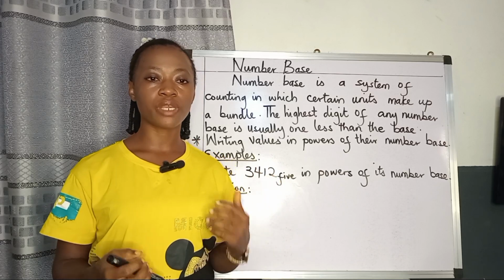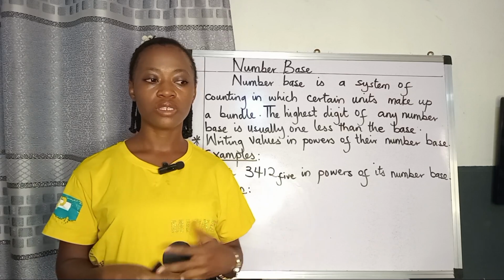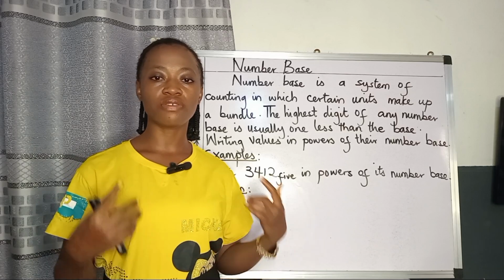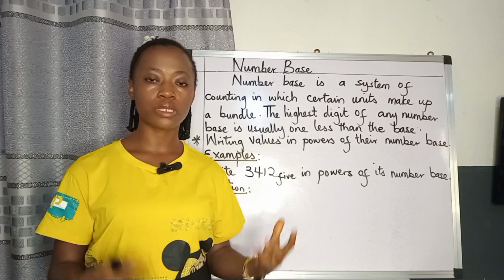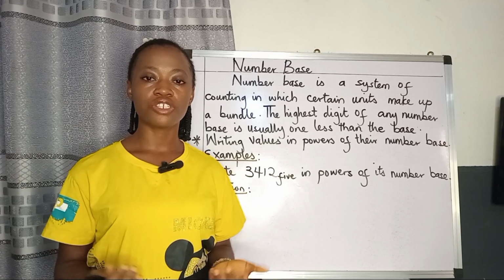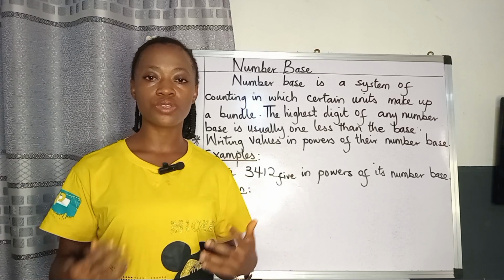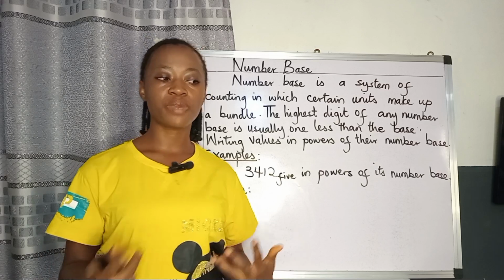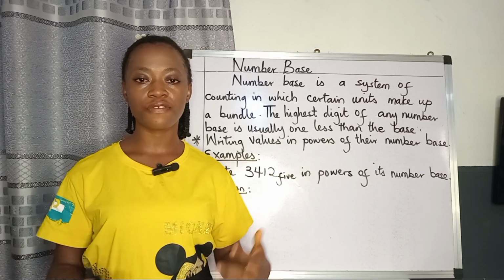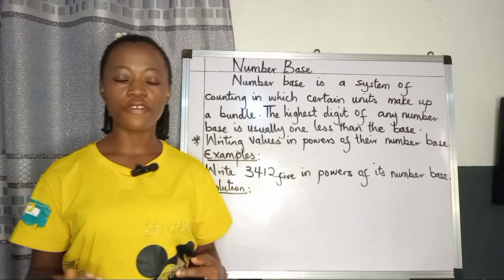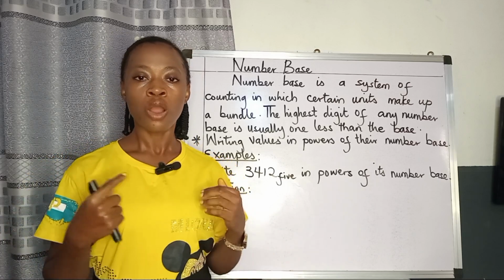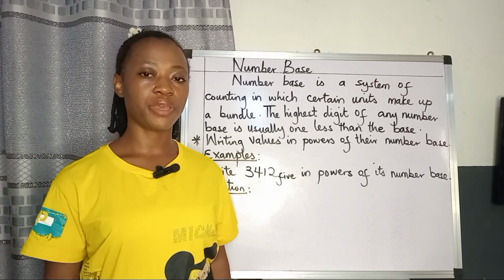The digits of base 3 are 0, 1, 2. The digits of base 4: 0, 1, 2, 3. The digits of base 5: 0, 1, 2, 3, and 4. The digits of base 6: 0, 1, 2, 3, 4, and 5, and so on. So the highest digit of every number base is usually 1 less than the base.